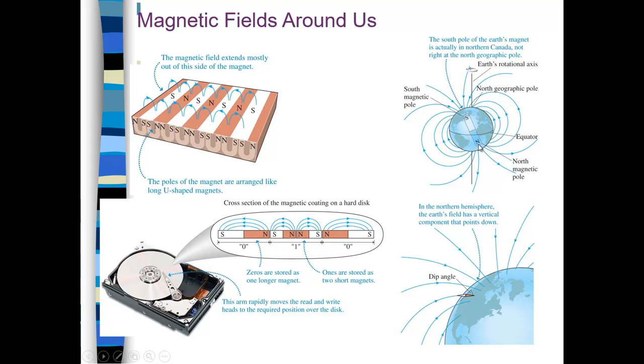Because it's north here, south is attracted to it. And in the northern hemisphere, the Earth's field is vertical, and the components point down. And then when you get further away from the north magnetic pole, the components become less perpendicular and more tangent to the Earth.